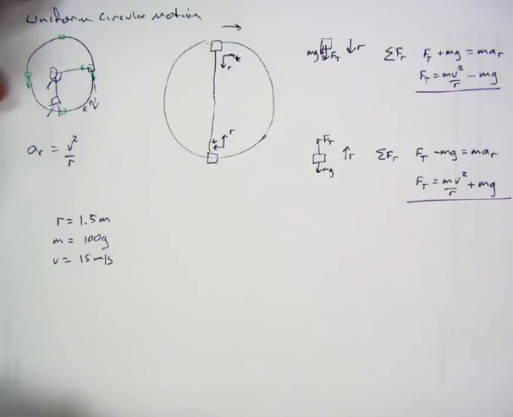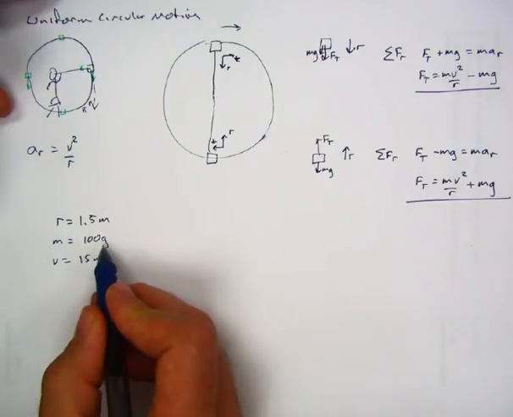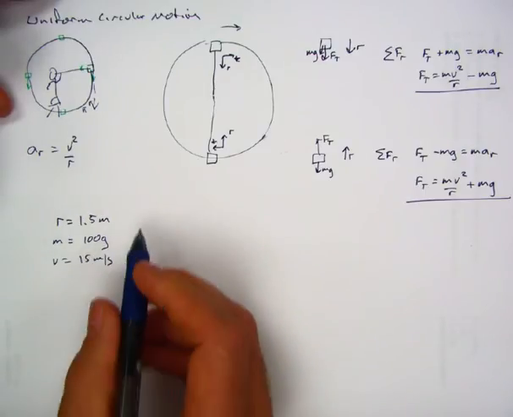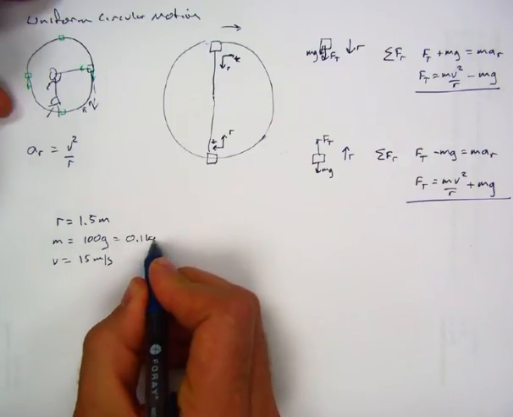And what I can do then is put all these values back into my equations and ask, what is the actual force of tension the string would be required to provide in order to swing the mass around like that? I do notice that I said 100 grams, but our normal MKS units are kilograms, so this is going to be 0.1 kilograms.